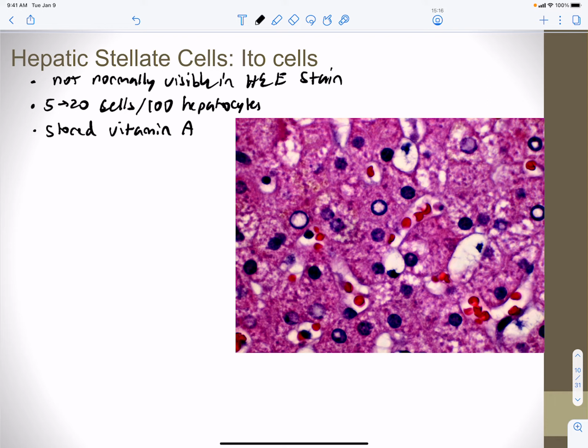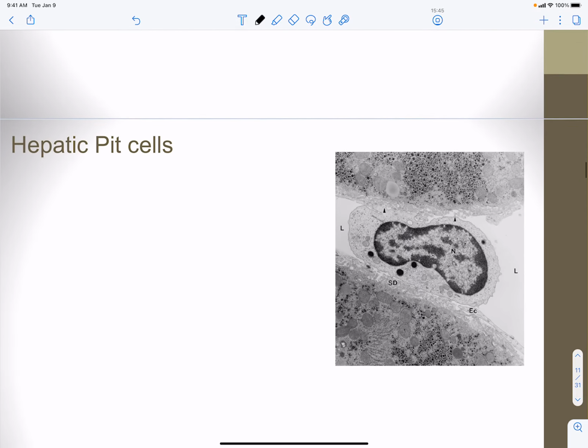They are typically activated after an injury, and they become more fat-laden when you have hypervitaminosis A. Okay, so they're also called Ito cells as well.